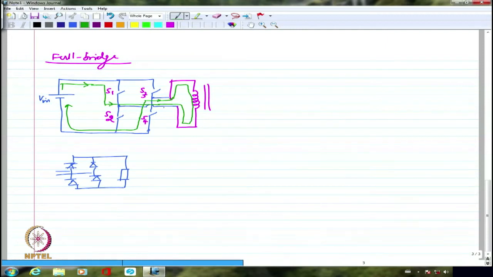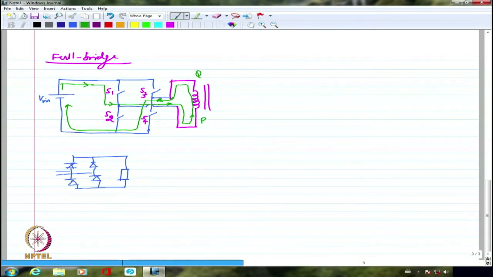So this is going to go from down to up. Maybe this is P, this is Q, so the current is going from P to Q. Whereas if I switch off these two devices and turn on the other two, the current will go from Q to P. So I will have alternating voltages produced across the primary by switching action.